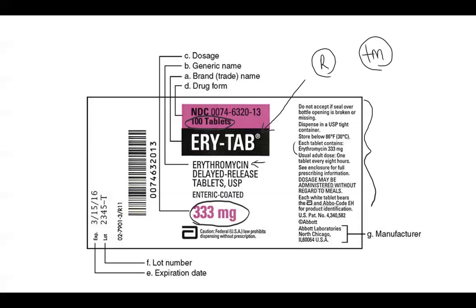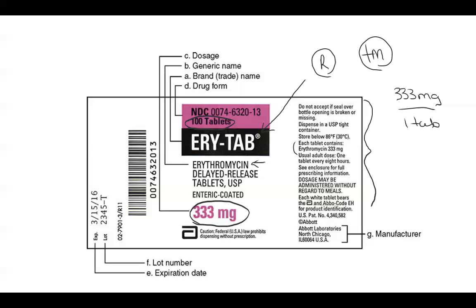For this one, if you were using this label to solve a math problem and it said, this is what you have available in your drug cart, you would have 333 milligrams over 1 tablet. That would be what you would indicate for that.